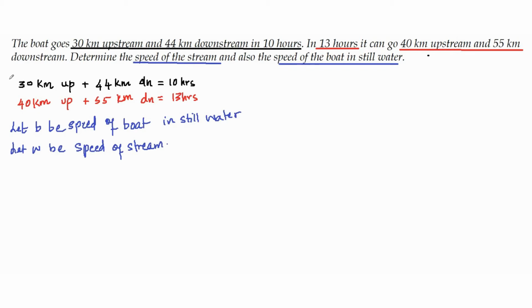The total time is given. So the time taken to go 30 kilometers upstream, I know that time is equal to distance divided by speed. So let's do some rough work here. Distance upon speed.